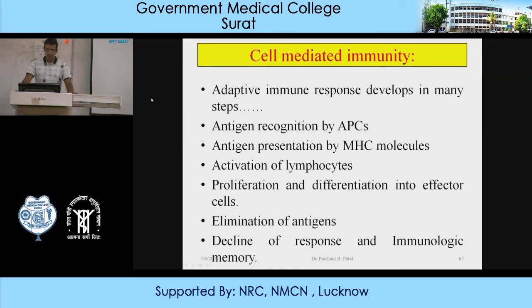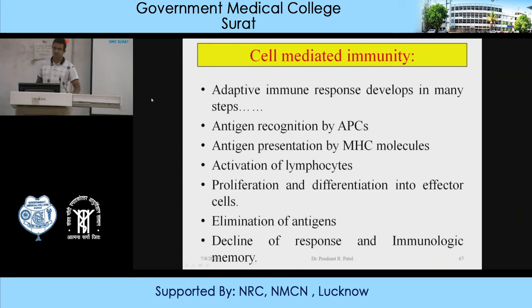Then after presentation, they activate the various lymphocytes. After activation, these lymphocytes undergo proliferation and differentiate into effector cells, and these effector cells produce various cytokines which eliminate the antigens. And last is the decline of the immune response and development of immunologic memory. So these are the steps of cell-mediated immunity.